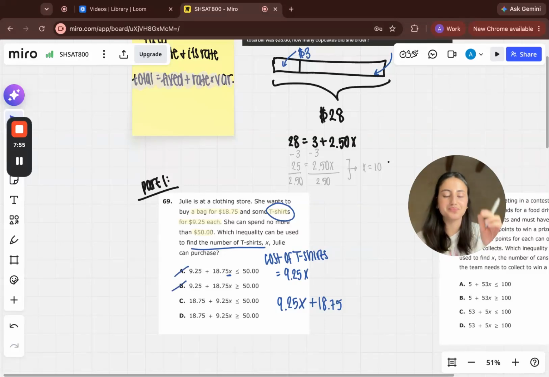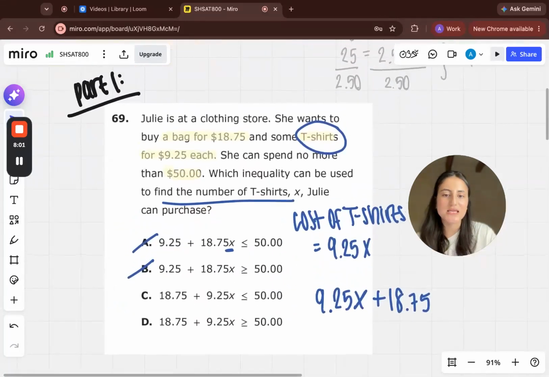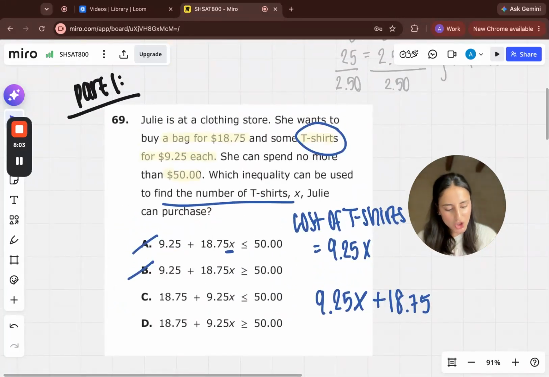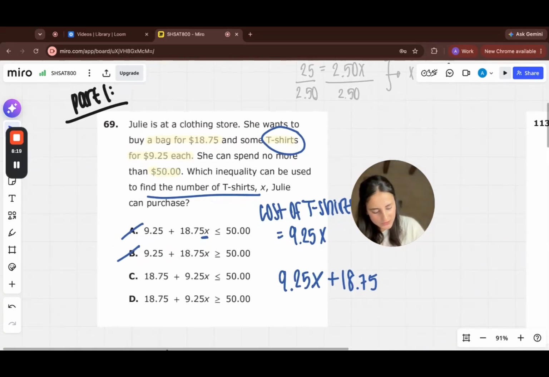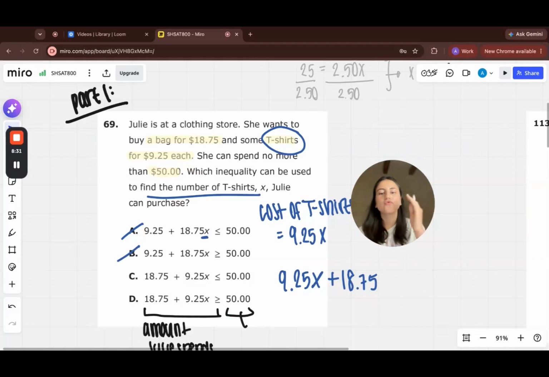Now it's between C and D. The only thing is the direction of the inequality symbol. What I like to do when I'm looking at these is to identify what each side of this inequality represents. In this case, the left-hand side represents the amount Julie spends, and the right-hand side of $50 represents the maximum she can spend.